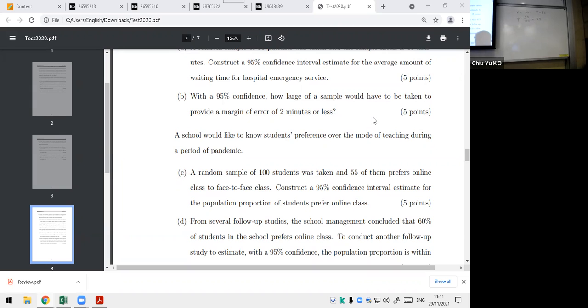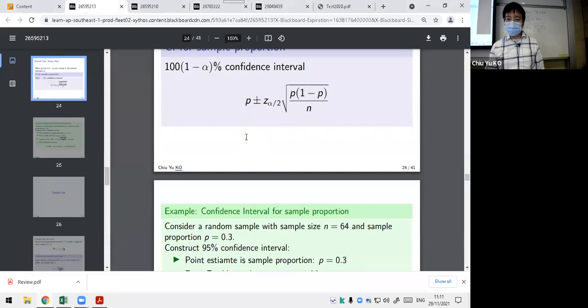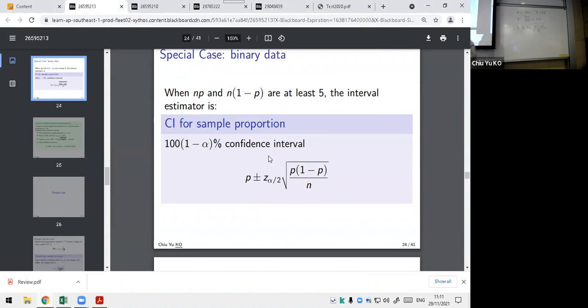First part is asking you to do the interval estimate. If you remember the formula, just like this, right? P plus minus Z. If you forget, let's go to the formula. It's here, right? Just above.